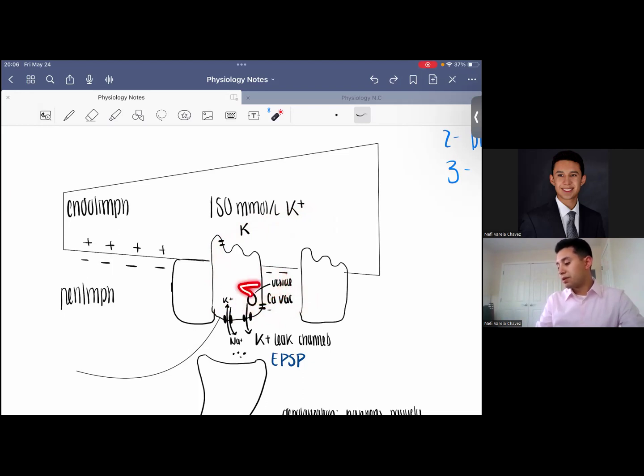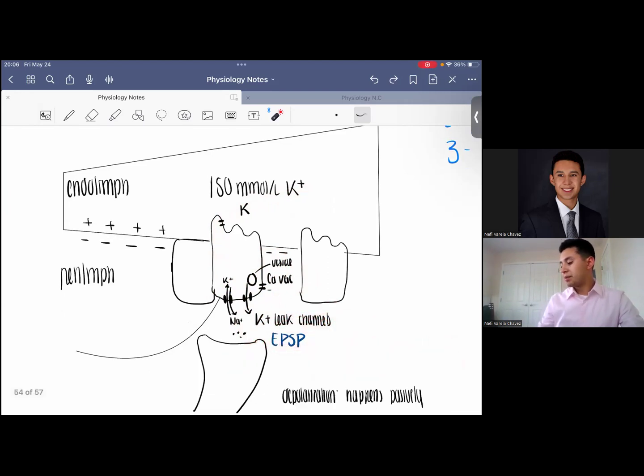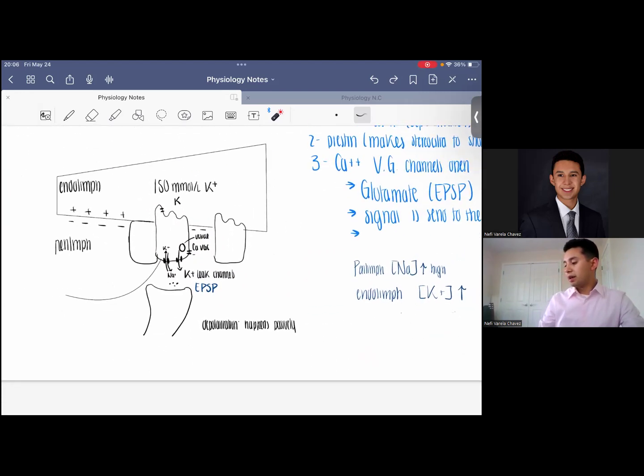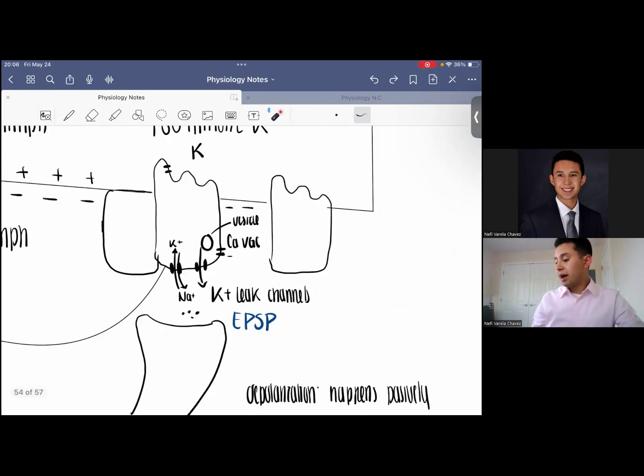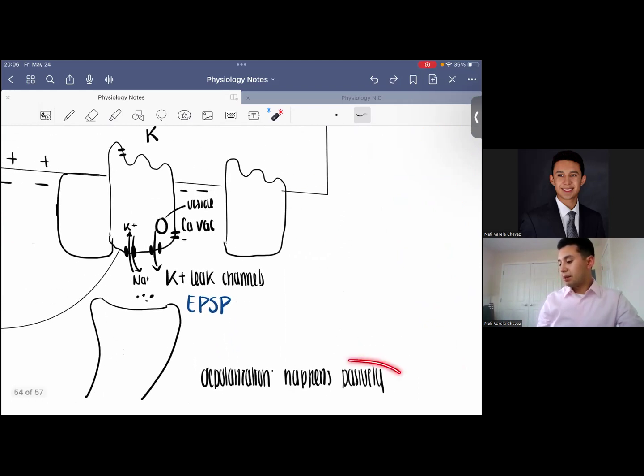We have SNARE proteins, exocytosis, glutamate. It's going to help us to reach an EPSP. And finally, this signal is going to be sent to our brain. Okay. So this is pretty much how it's going to work. The depolarization is going to happen passively.